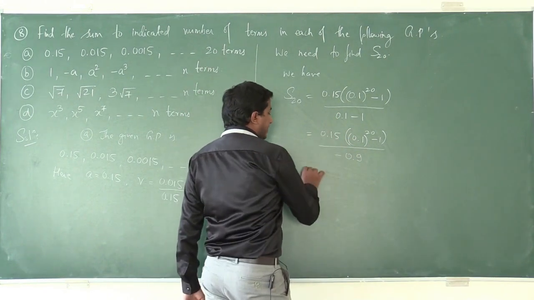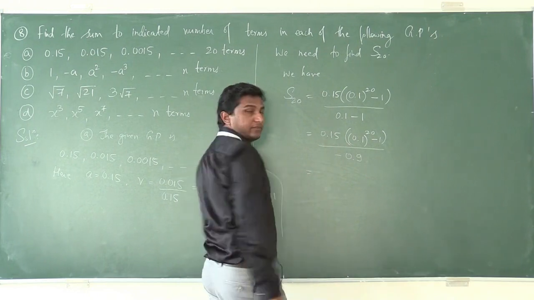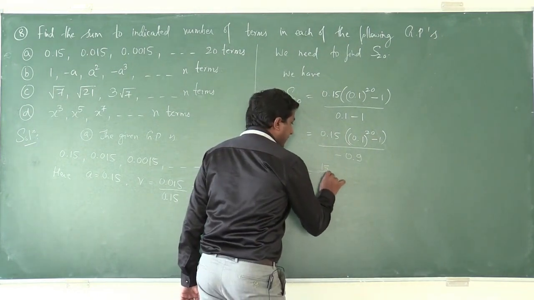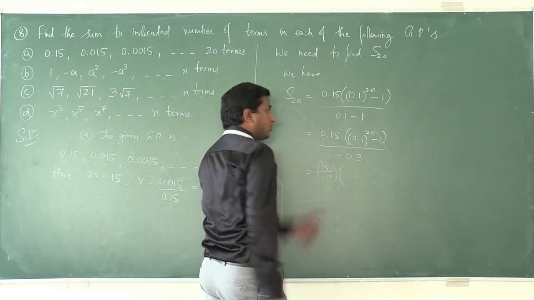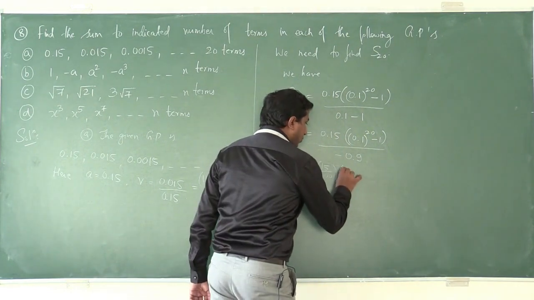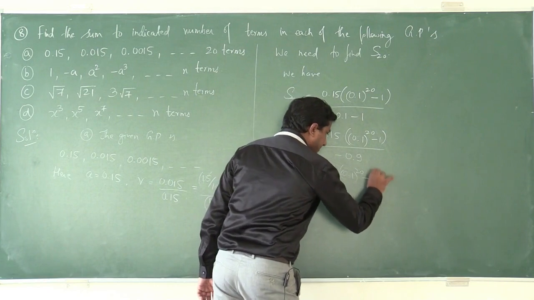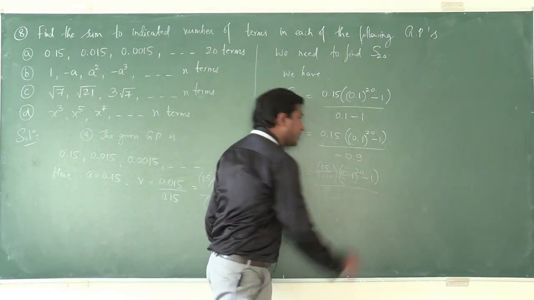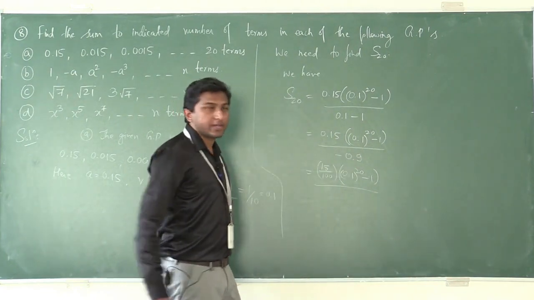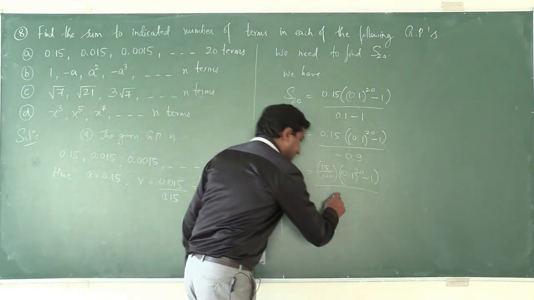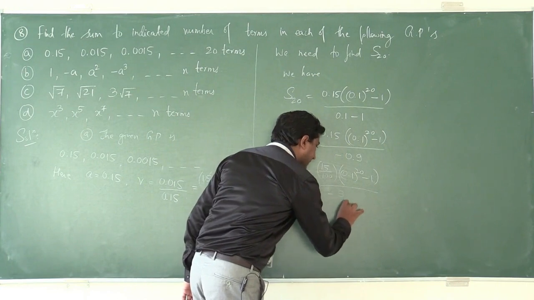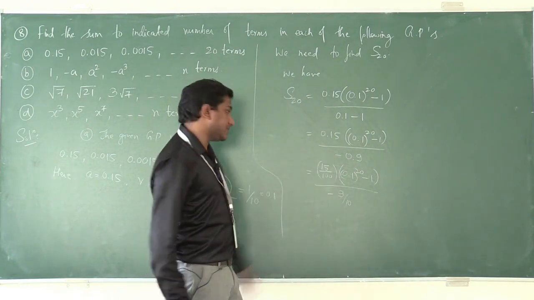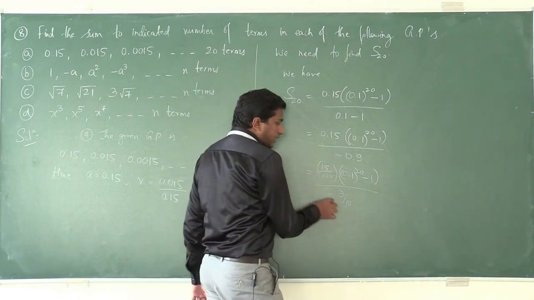Then I can write 0.15 in fraction form as 15 by 100, into 0.1 whole power 20 minus 1, as it is, divided by minus 0.9, which in fraction form is minus 9 by 10.